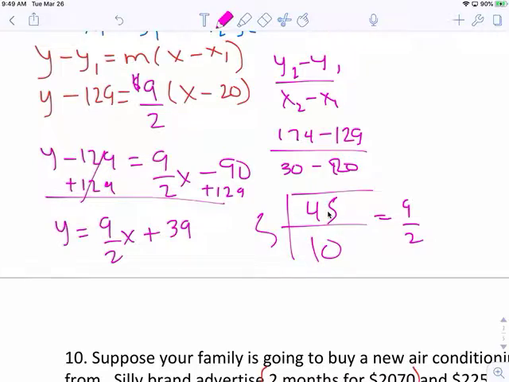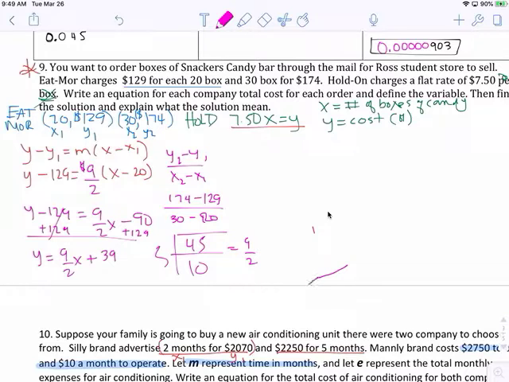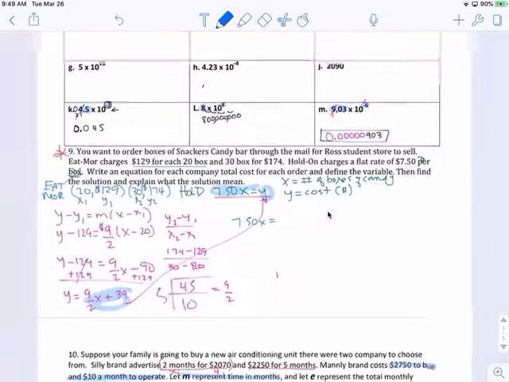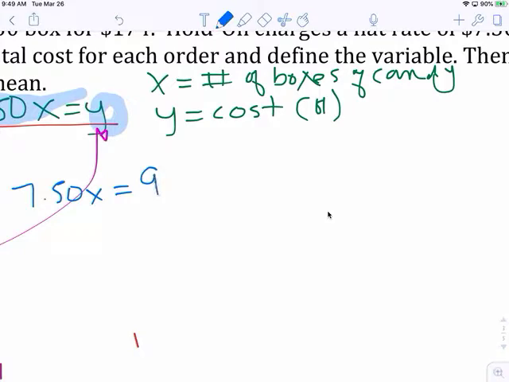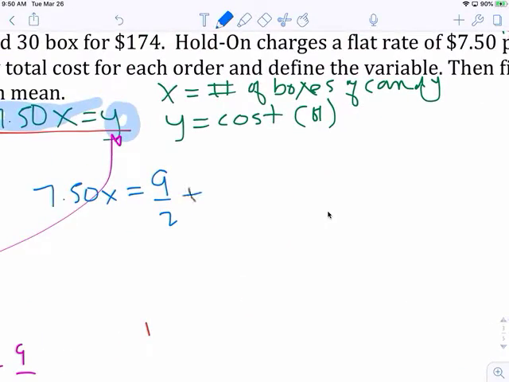Okay. Use substitution. Take this and substitute that into there. Okay, let's do that. 7.50x equals 9 over 2 x plus 39.